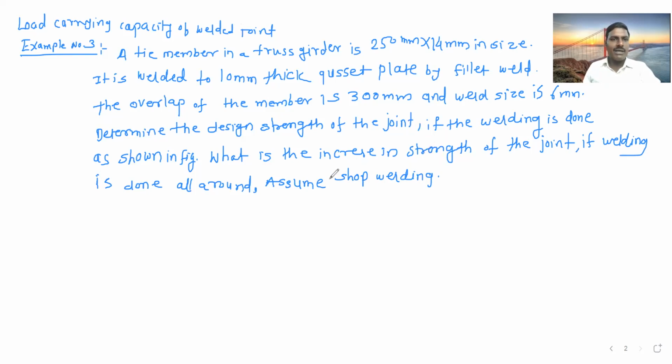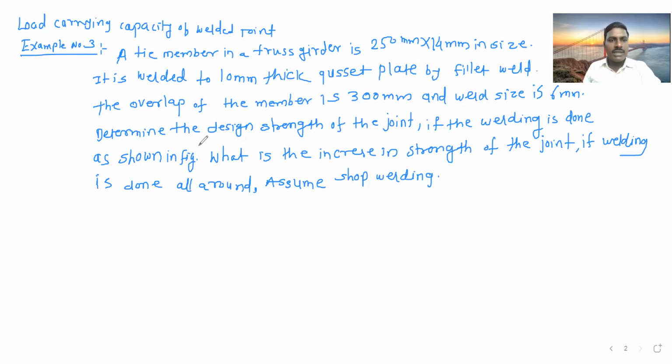Write down properly and read the problem statement again. A tie member in a truss girder is a 250 mm by 14 mm in size. It is welded to 10 mm thick gusset plate by fillet weld. The overlap of the member is 300 mm and weld size is 6 mm.